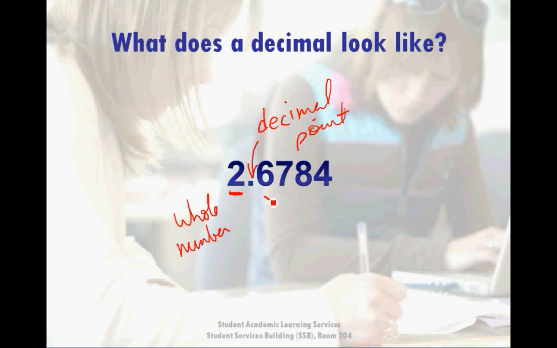And everything that comes after the decimal point is just known as the decimal part. Okay, so that's what a decimal actually looks like. It's composed of 3 parts: the whole number part, the decimal point itself, and then the decimal part.